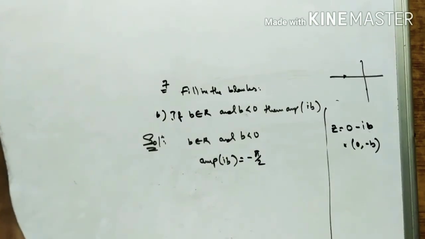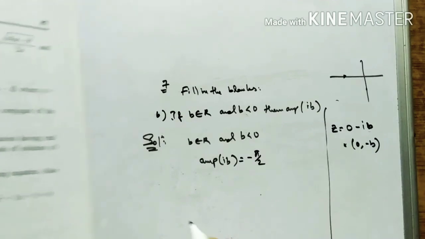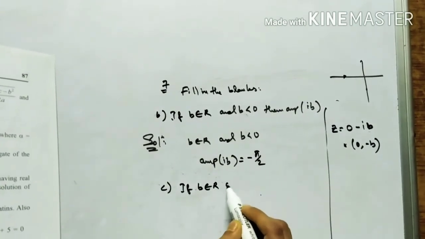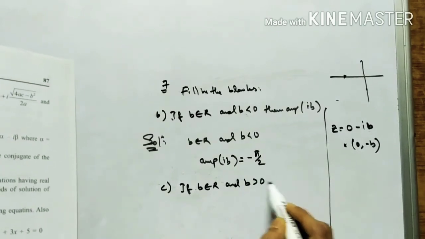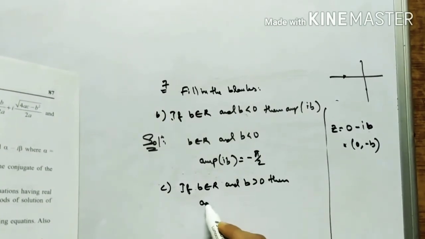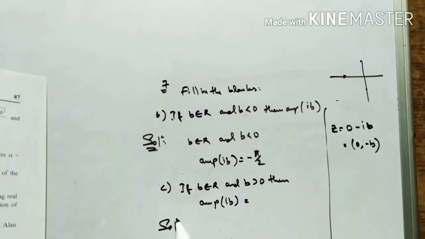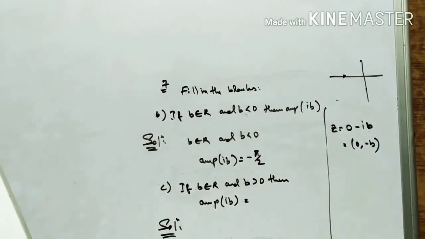Next is part C. If B belongs to R and B is greater than 0, then find the amplitude of iB.